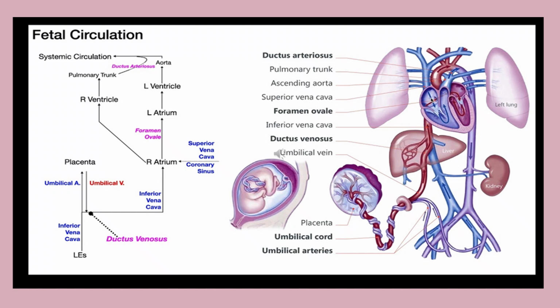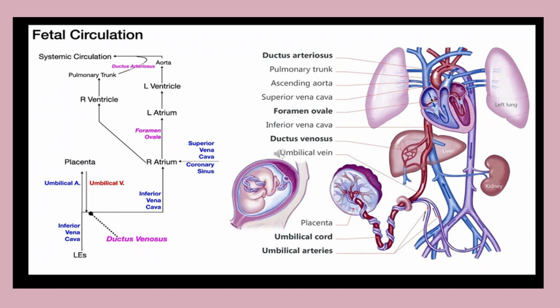vein. The umbilical vein first reaches the liver near the portal circulation. Through the ductus venosus, it joins with the inferior vena cava. So before joining with the inferior vena cava, it supplies the liver with 100% oxygenated blood.